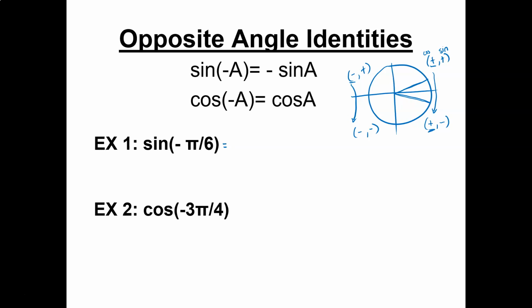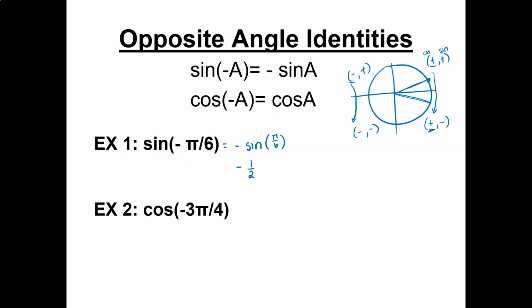You don't have to. You can just think about the unit circle like we've been doing. Sine of negative pi over 6 would be negative sine of pi over 6. And then sine of pi over 6, which is right here, is 1/2 there. So sine of negative pi over 6 would be negative 1/2.